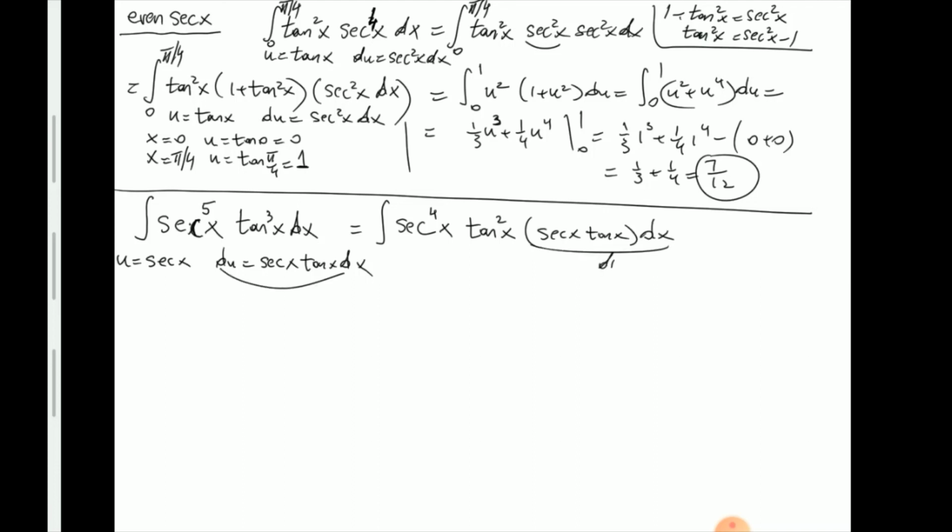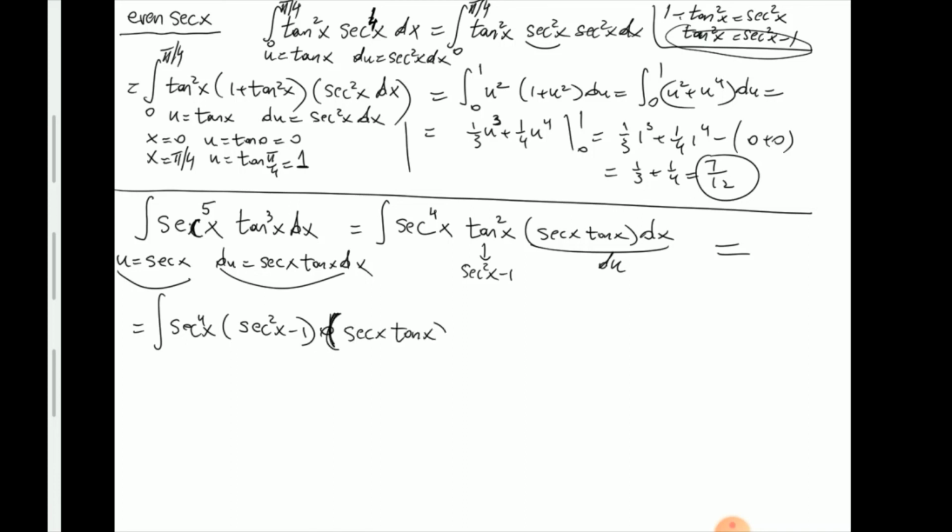So this is going to be your du. Everything else should be in terms of secant x. So that means we're going to use the identity, the second version of the identity, and replace tangent squared with secant squared minus 1. So now my integral is secant fourth x times secant squared x minus 1 times secant x tangent x dx.